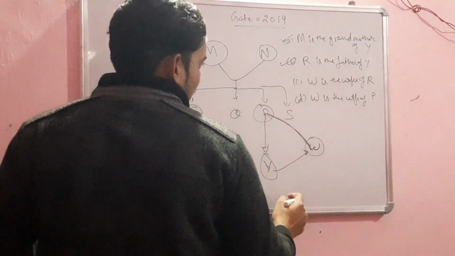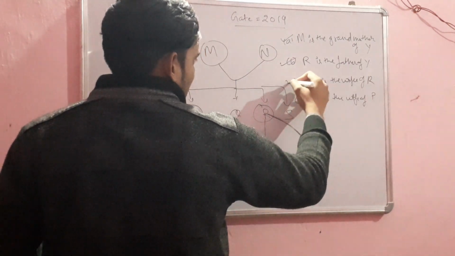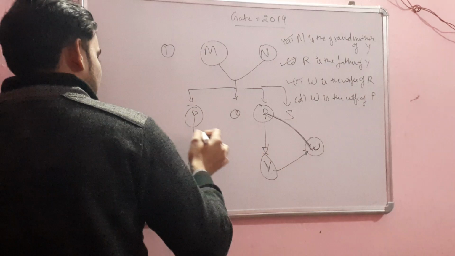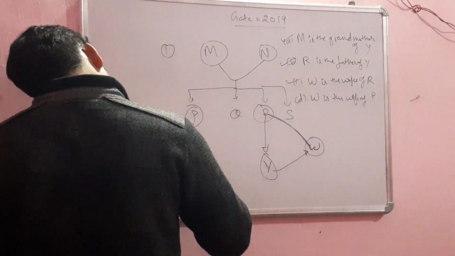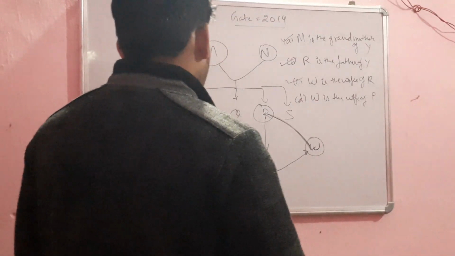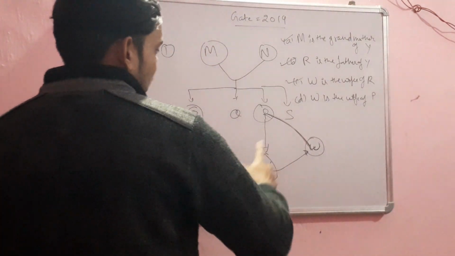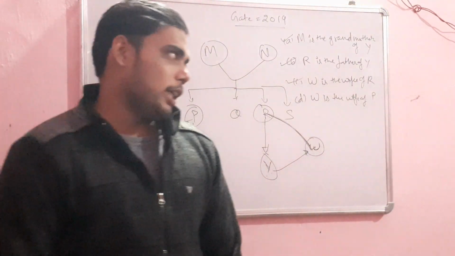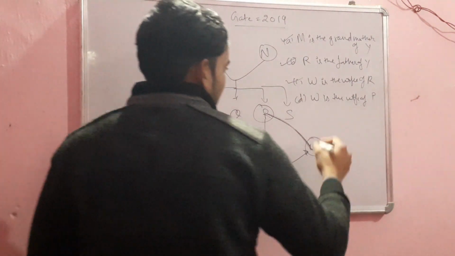W is the wife of R, which is also correct. W is the wife of P. That is incorrect. You cannot have two wives, or you can say that one wife cannot have two husbands. So this statement is incorrect.